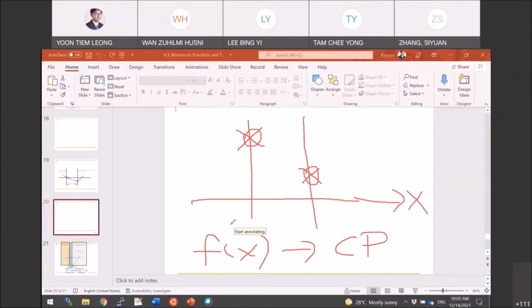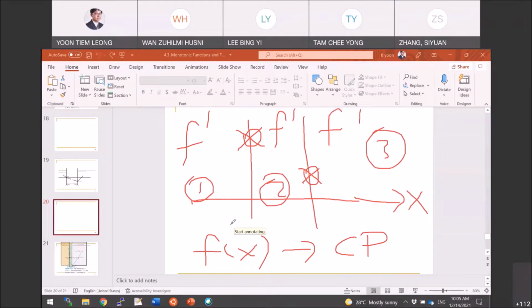Then what you do is you work out the sign of the derivative in the three regions. Say this is region number 1, region 2, and region 3. Then by checking the sign of the derivative at a point in each, you'll be able to know whether the function is going up or going down in these three regions. Right?